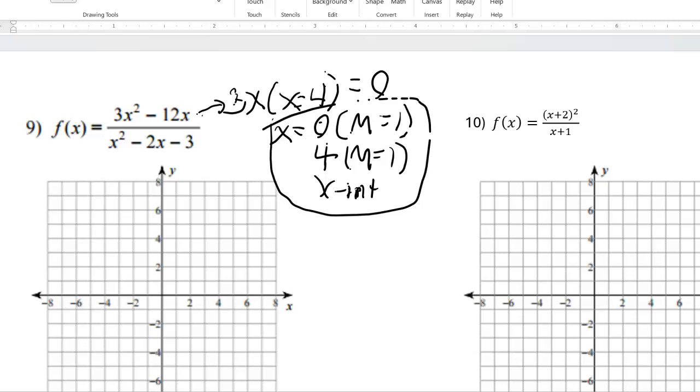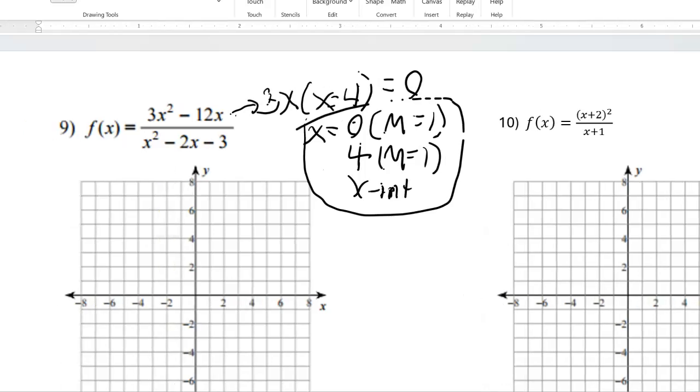And then we want to go ahead and identify the y-intercept. Well, the y-intercept in this case is also going to be 0 because the x-intercept was 0. That's always going to be the case when the x-intercept is 0. From here, though, we need to identify the vertical asymptotes.